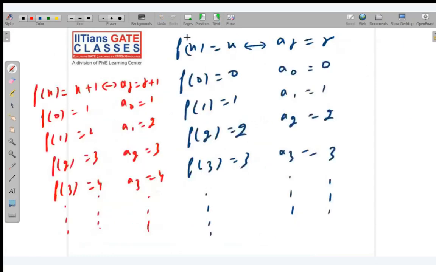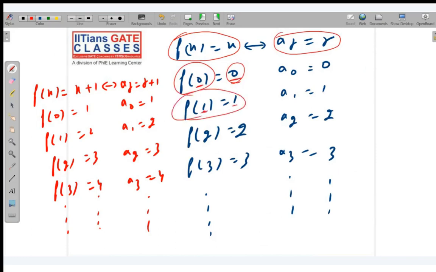Say f(x) = x, so the corresponding numeric function will be a_r = r. So f(0) is 0, meaning when the input is 0, the output is 0. f(1) is 1, f(2) is 2, f(3) is 3, because f(x) is x only.